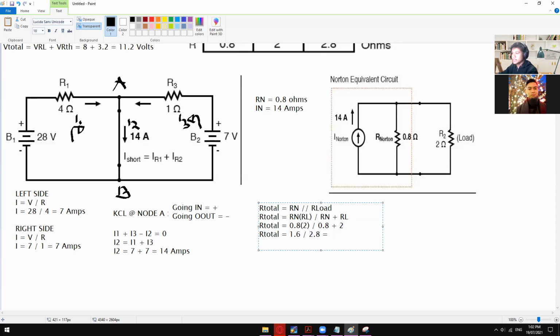And then our total is equal to 1.6 divided by 2.8, which is 0.57. Okay, please check. Maybe I have a different answer. 0.57 ohms.